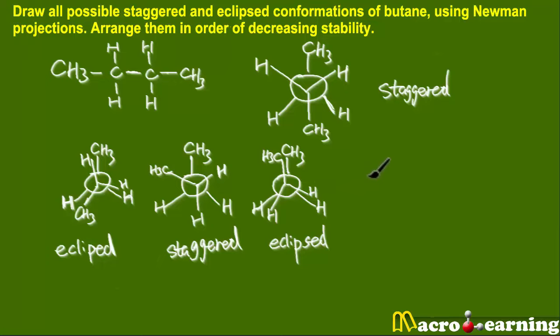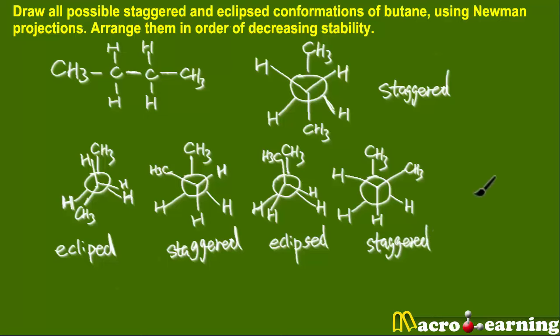If we keep going, still keeping these fixed, and turn the front ones by another 60 degrees. So if we turn this, the methyl would end up in here with these 2 hydrogens here. And if we do it again, by the way, this is staggered this time.